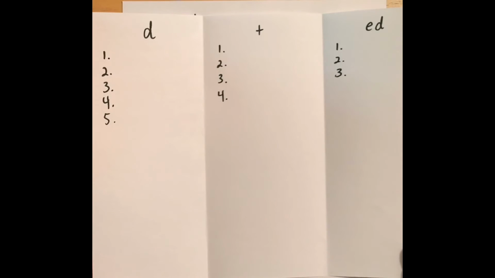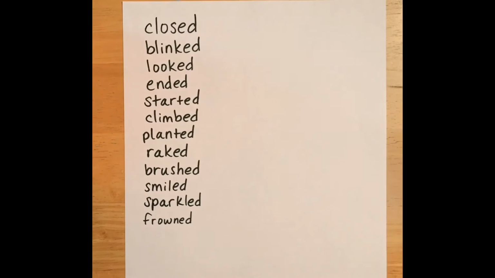If you want to pause the video so that you can make yours, that's a good idea. And once again, here is that list. So again, try pausing the video so that you can sort these words into the 3 different columns. Good luck.